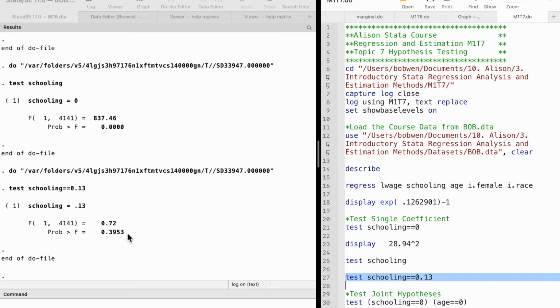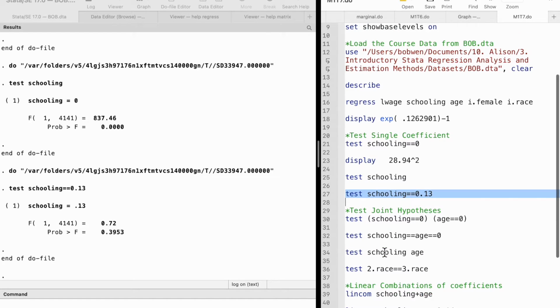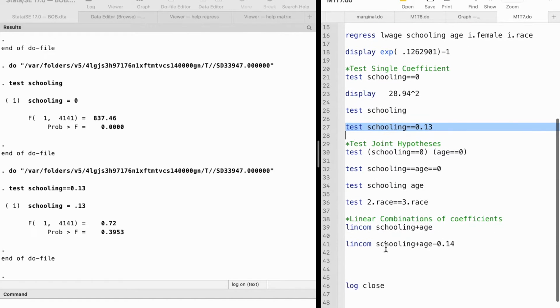In addition to testing a single coefficient, the test command can test joint hypotheses. We can test whether schooling and age are jointly statistically significantly different from zero by writing the conditions in separate parentheses.